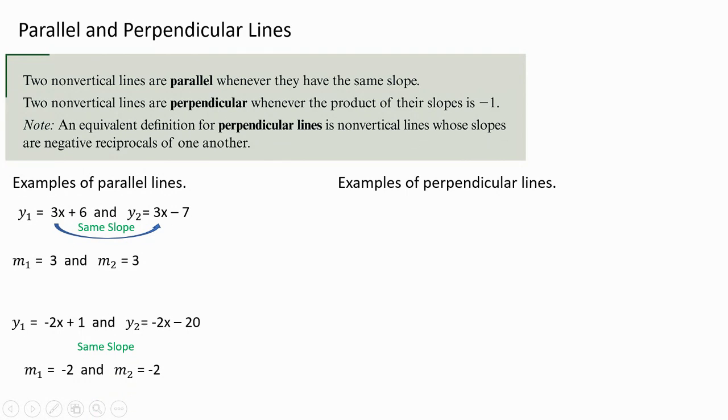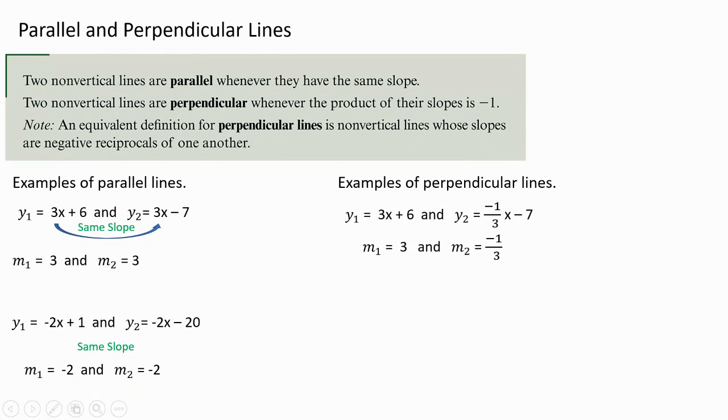Okay, now here's an example of perpendicular lines. For example, these are perpendicular lines because this is 3, and the negative reciprocal means this is positive, this is negative, and the 3 we invert, or do the reciprocal, which will be 1/3.